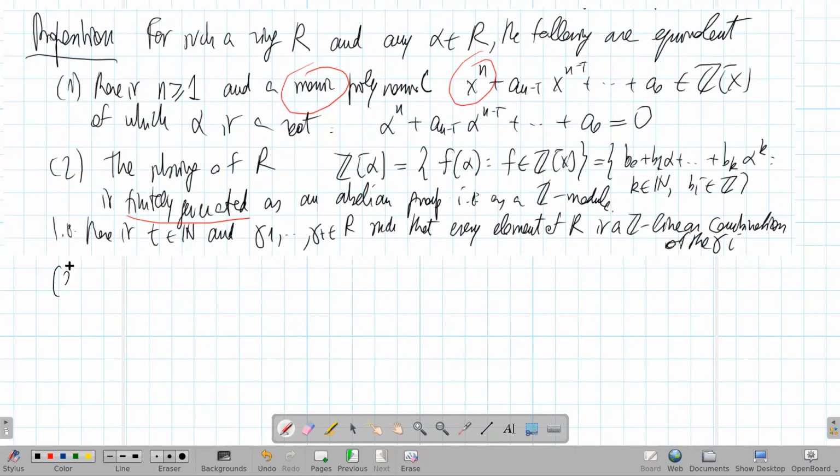Number 3, okay, tells you that the subring Z[alpha].